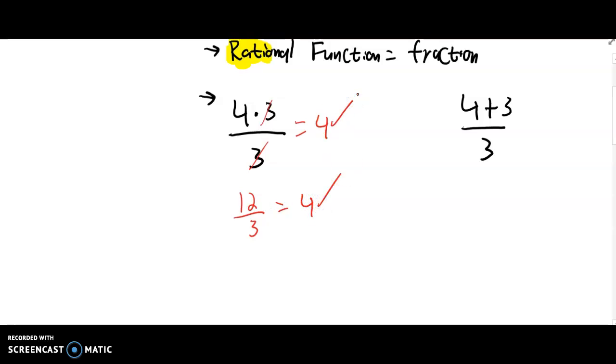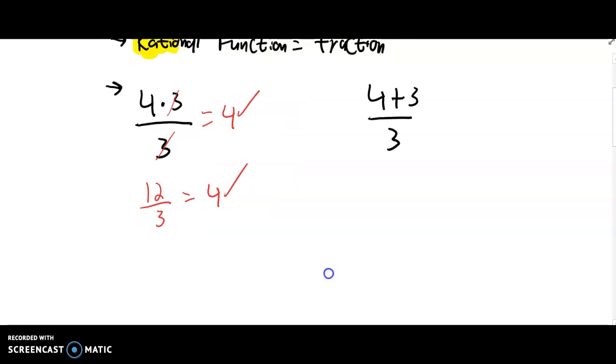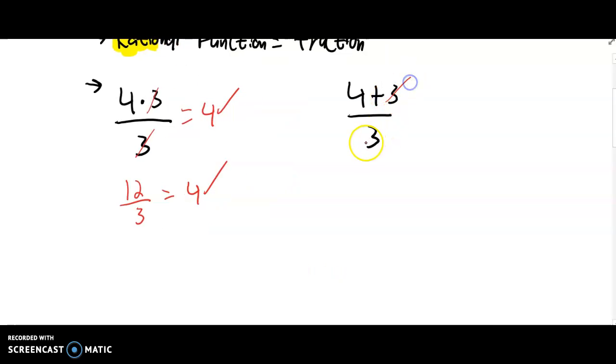So canceling with multiplication works. But if I try to cancel these, that is not a true statement because 4 plus 3 is 7, and 7/3 is 2 and 1/3, nowhere near 4. So we can cancel when things are being multiplied, but we can't cancel when things are being added.